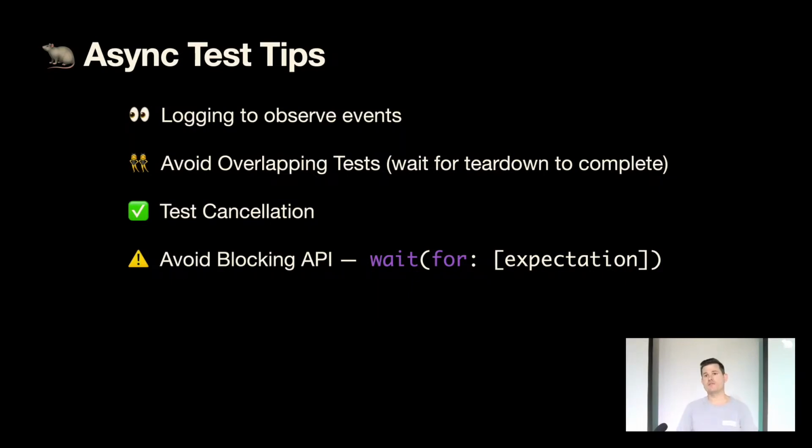But even starving resources when you're running your tests can cause issues. Because a lot of the time, flaky tests run differently on different hardware, and if you use these blocking APIs, it actually starves resources for your test itself, and it can make that more flaky.